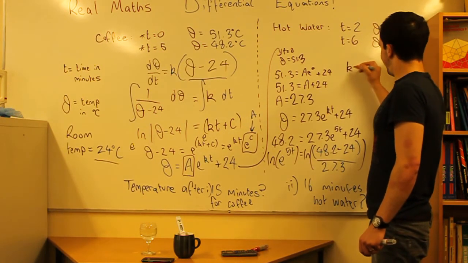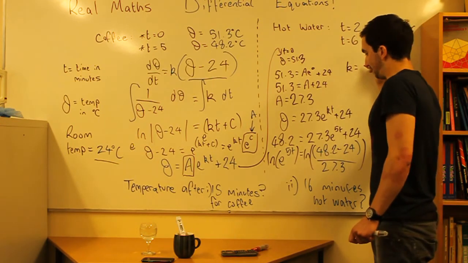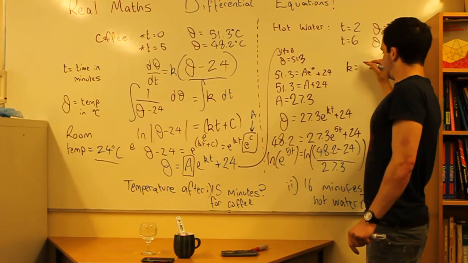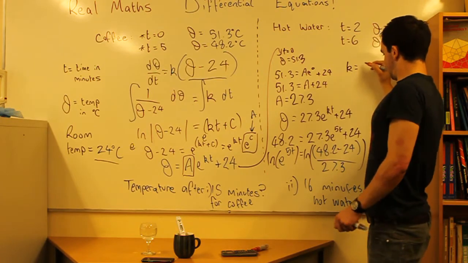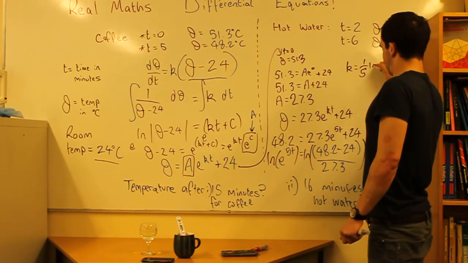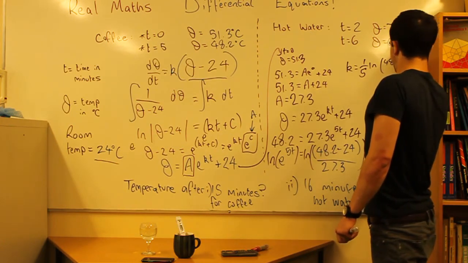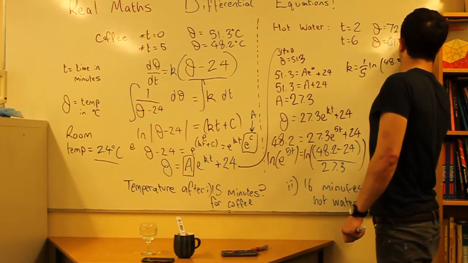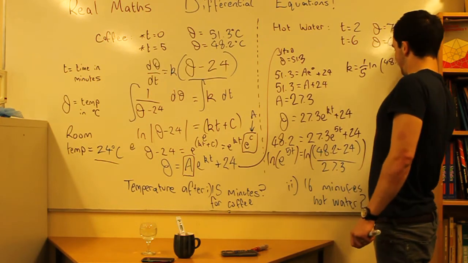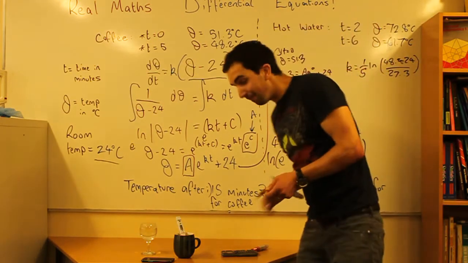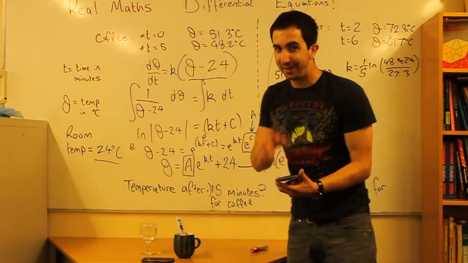Okay, so k equals 1/5 ln of 48.2 take away 24 over 27.3. Sorry you can't see this. The reason I'm rushing is we're on 14 minutes, really tight for time.